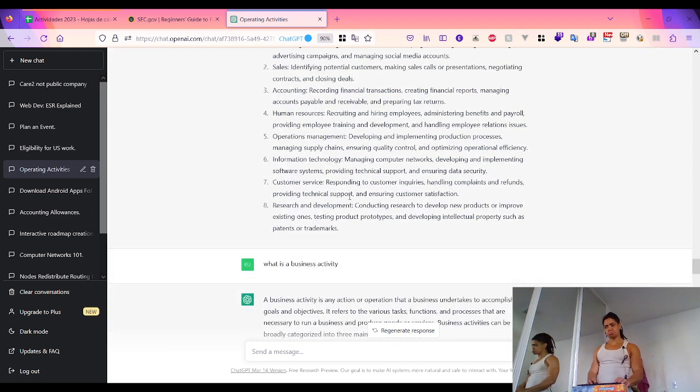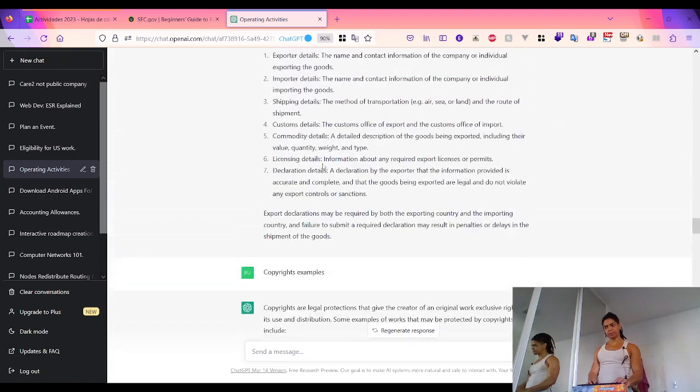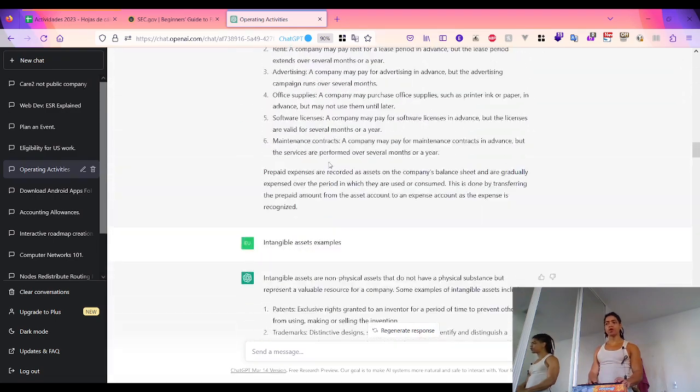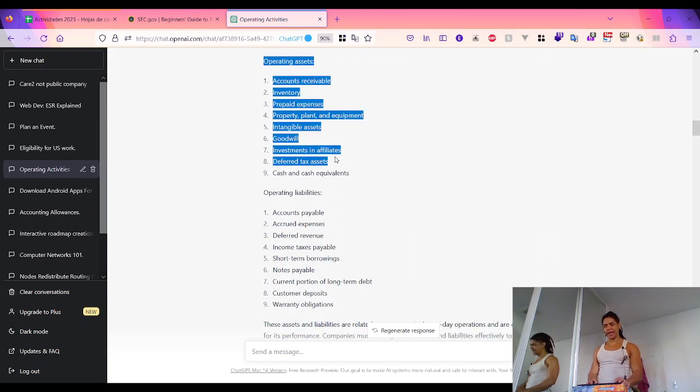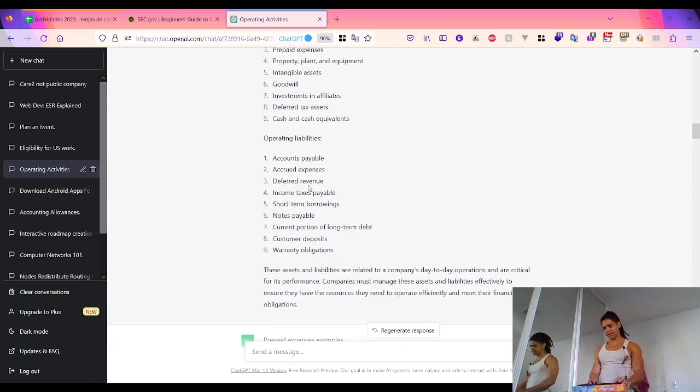So the whole point of this is to understand the most common operating assets.